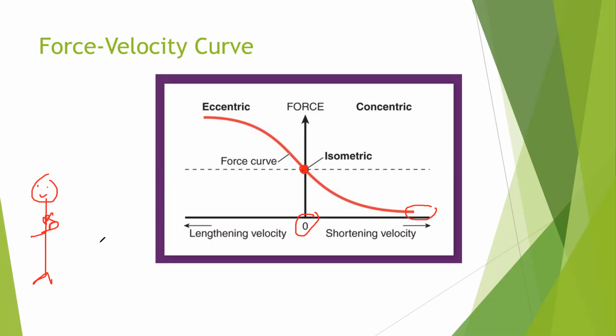So when my arm is fully bent or fully flexed, there's nowhere for me to go. This means that when I get to the end of my concentric contraction, I have no more velocity to expend, so therefore I can't produce any more force.